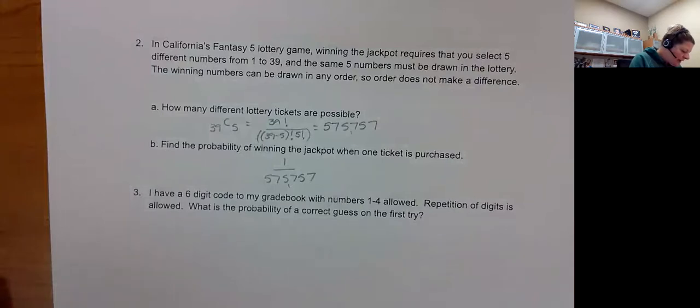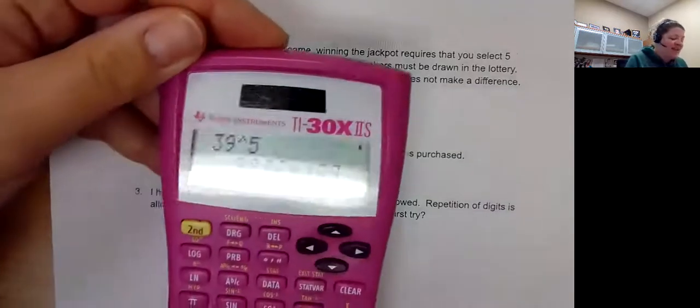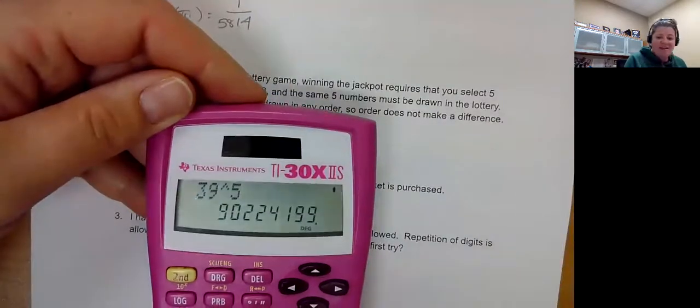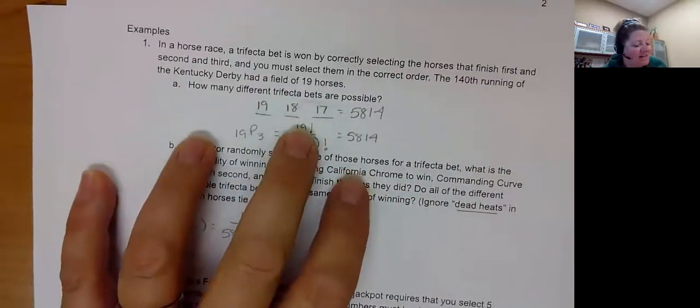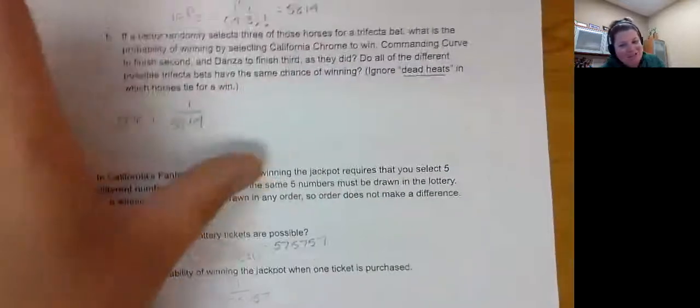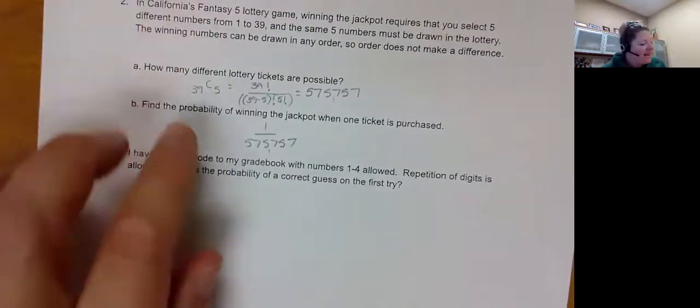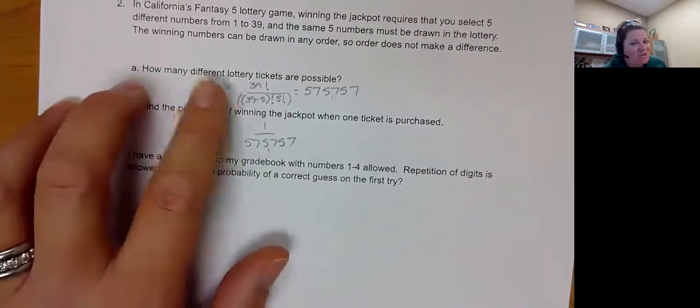Oops. If I did this as 39 to the 5th, because I have 5, it will not work. So you can't do a shortcut way like I did logically on this one with a combination. It just doesn't work. So think of it as 39 choose 5.